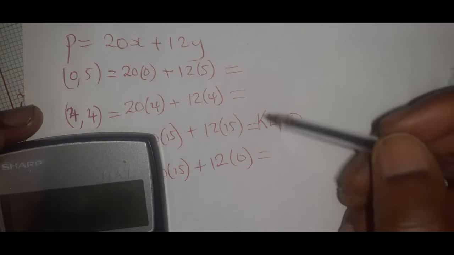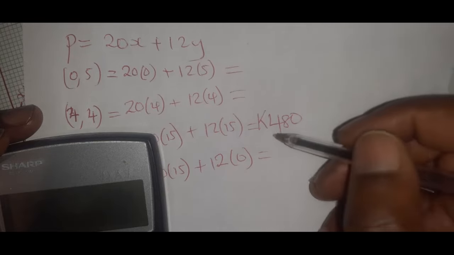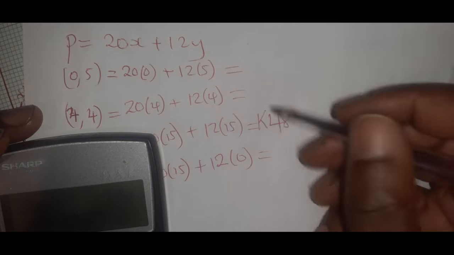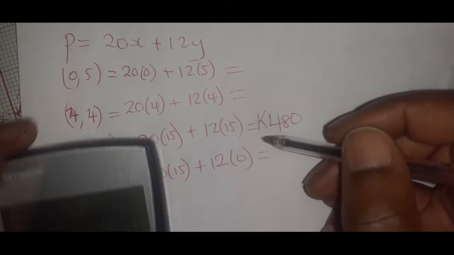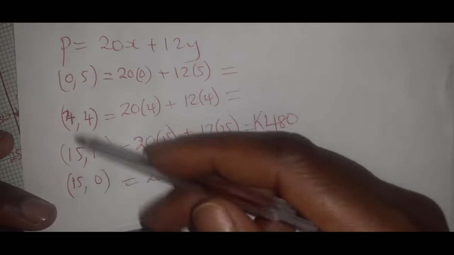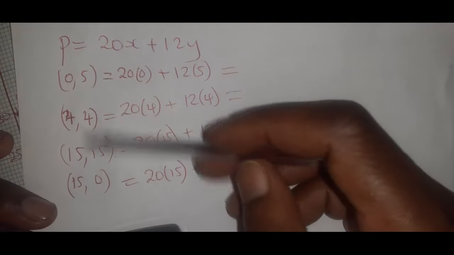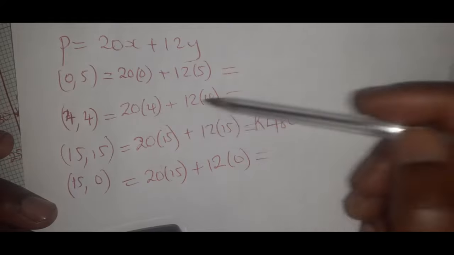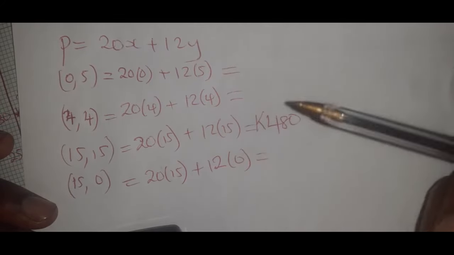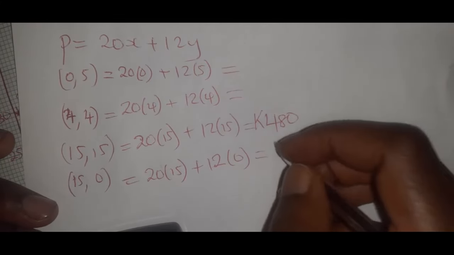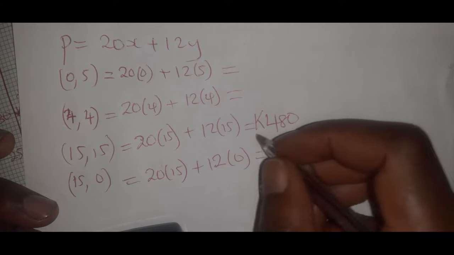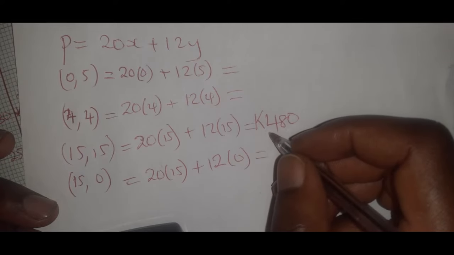You will find that all these other three are going to give you an amount that is less than this one. But just work them out. Under normal circumstances, don't take it for granted. Just work out everything. But here it's easier to tell. So you're going to get that this is going to be the highest amount, isn't it?